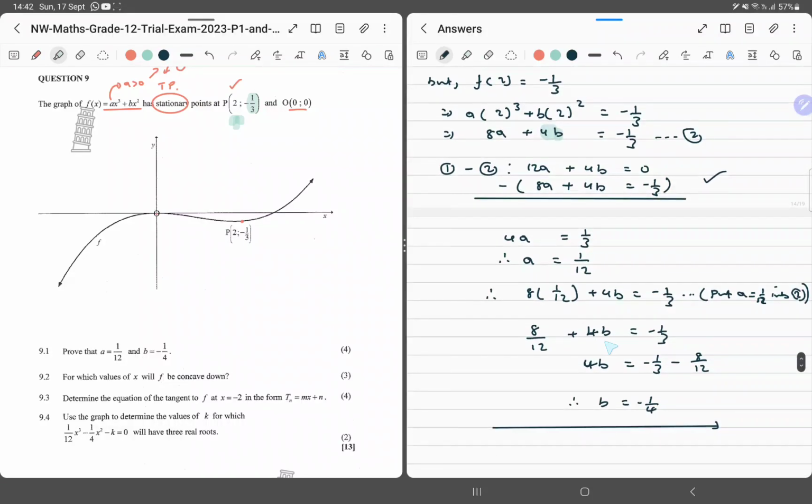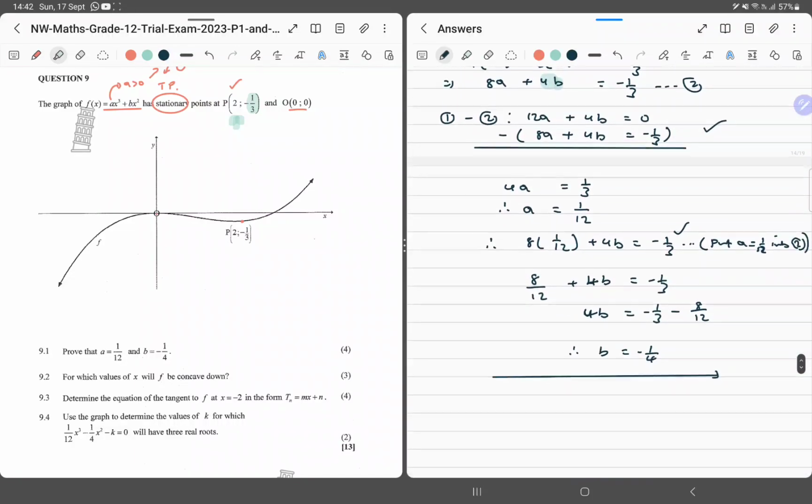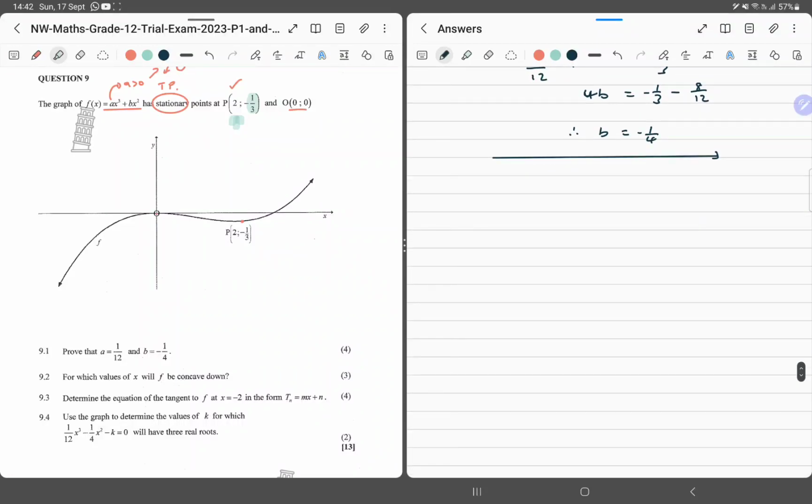And then the 4th mark is essentially substituting the a value into one of the equations. Those values are already volunteered to you, so a bit of a scary 4 marks there. Okay, excuse me for that, folks. I'm a little bit uncomfortable now.